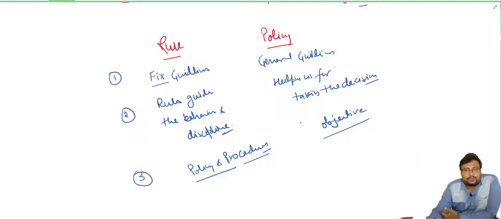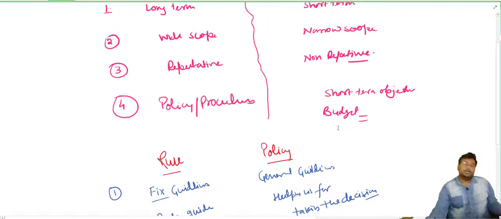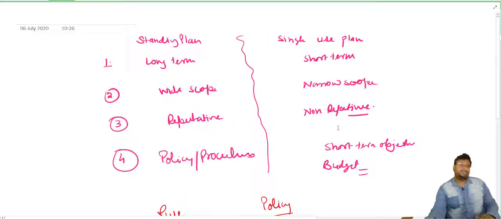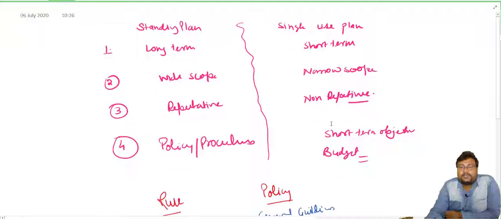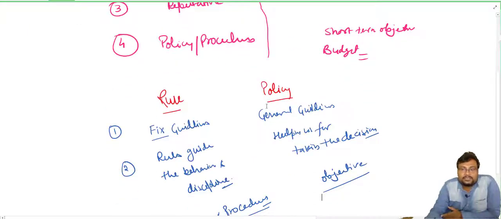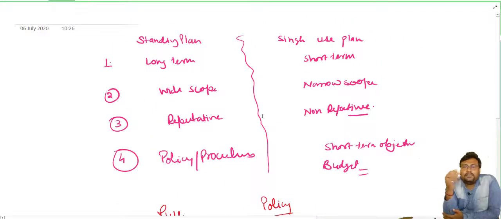Now the summary is very simple, beta: we have to learn these differences also. The difference between standing plan and single use plan, between rules and policies, and between budget and methods. So generally we have to prepare these differences.